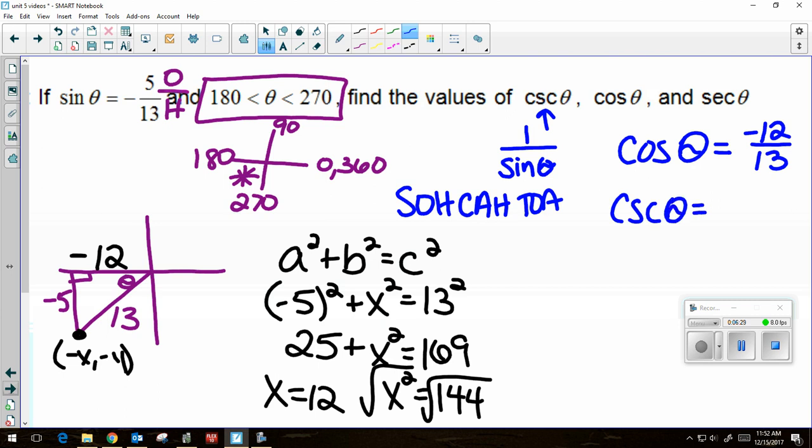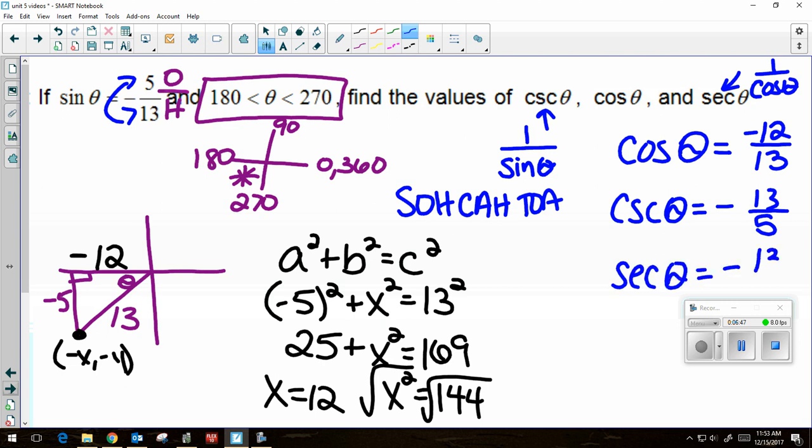So instead of negative 5 over 13, it's going to be negative 13 over 5. And then secant is 1 over cosine theta, or the reciprocal of cosine. So secant theta, I'm going to flip my cosine fraction, negative 13 over 12.